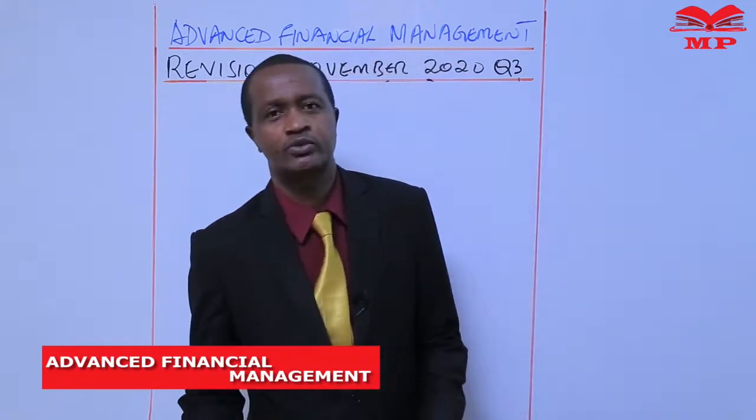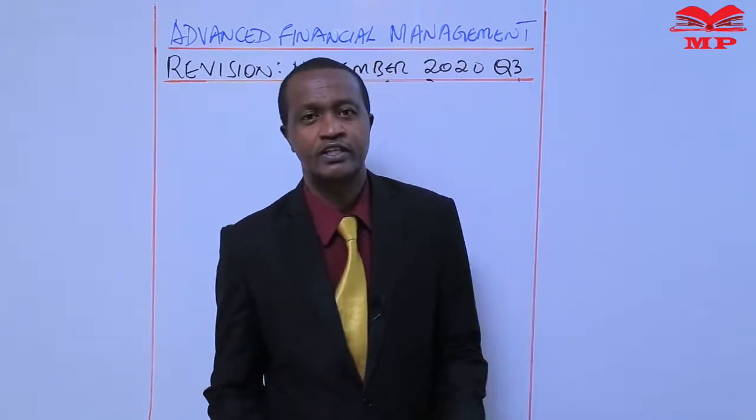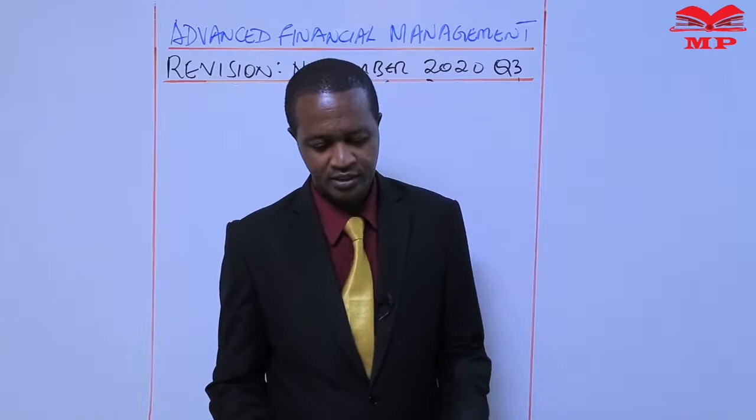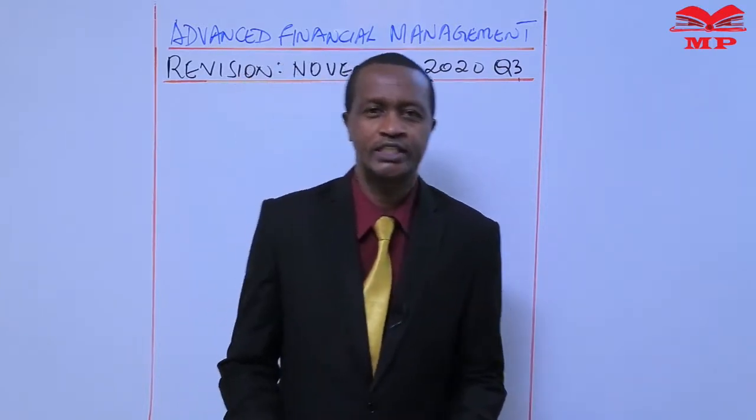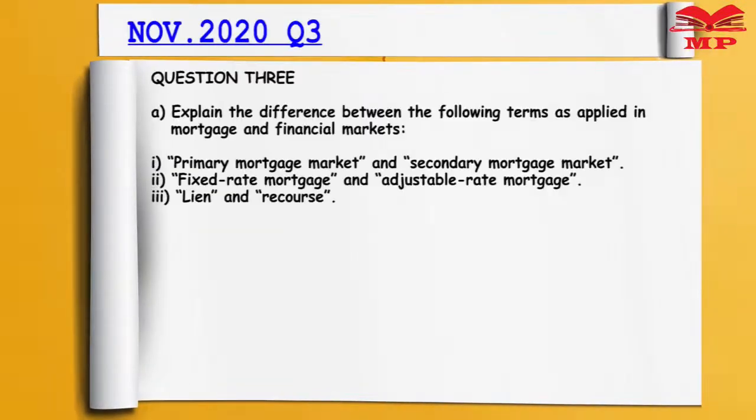Today I'm going to answer question number 3, Advanced Financial Management. The sitting is November 2020. Question 3A, I read: explain the differences between the following terms as applied in mortgage and financial markets. Roman 1, primary mortgage market and secondary mortgage market, 2 marks.